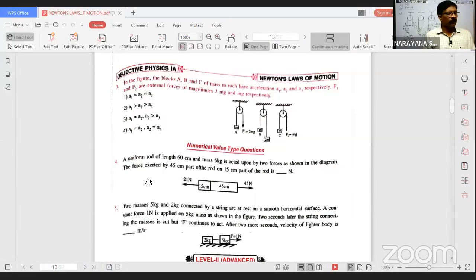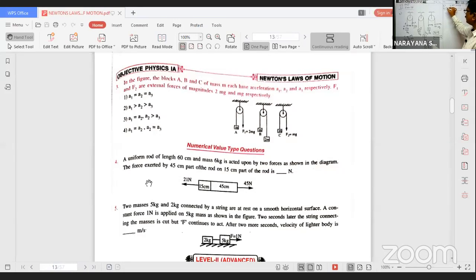Right. Next you see the fourth problem. A uniform rod of length 60 cm and mass 6 kg is pulled towards the right with a force F1 equal to 45 Newton and F2 equal to 21 Newton.